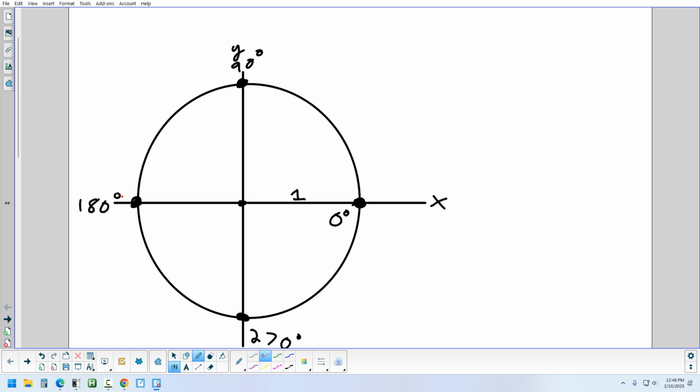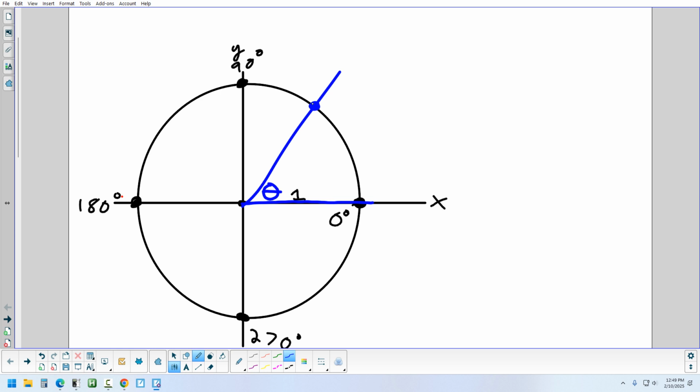So in general, let's just say we had an angle anywhere on this circle. It doesn't matter how big I draw the angle. We're going to make sure the initial side is right there, and then the terminal side can go wherever we want. No matter how big or small you make the angle, the terminal side is going to hit the edge of the circle somewhere.